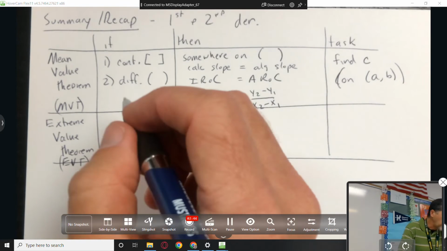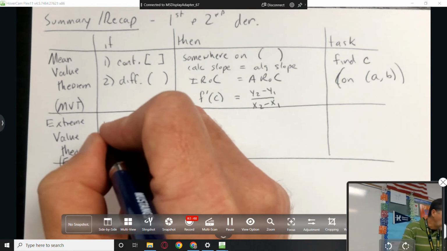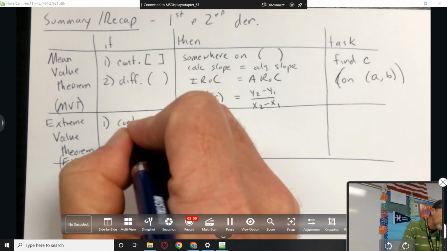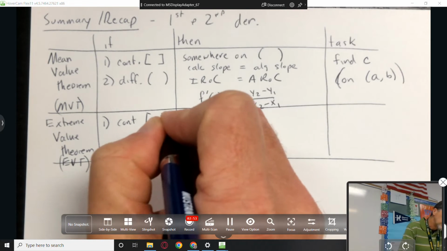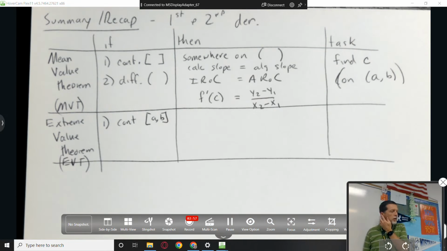The extreme value theorem is even simpler. Probably should have listed it first. The only criteria is that it's continuous on the closed interval from a to b.